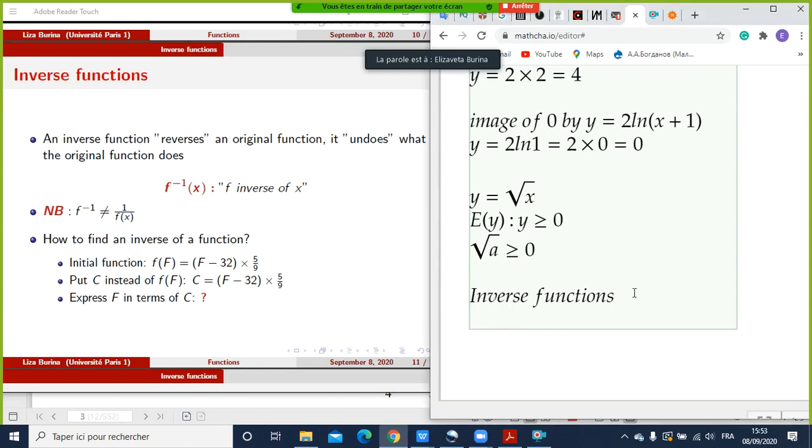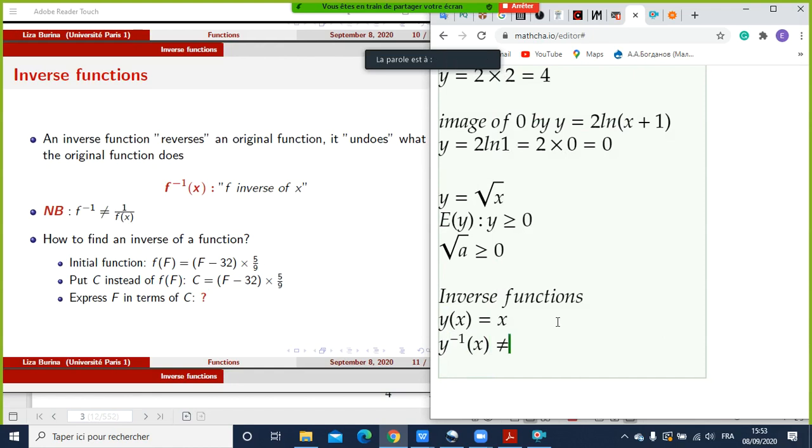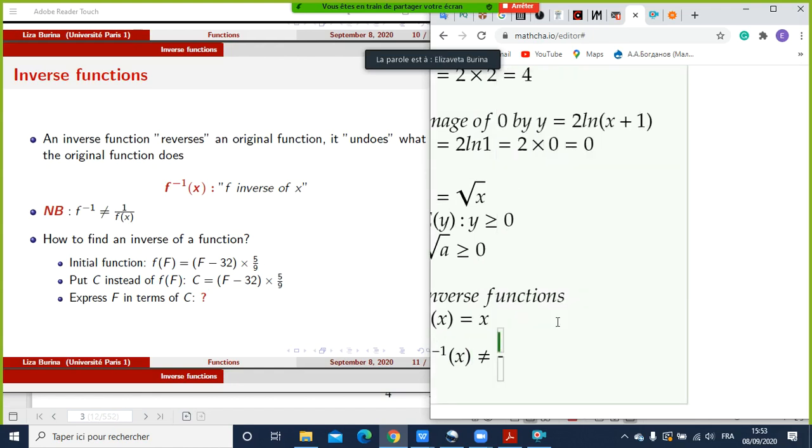In this case we should actually find an inverse of a function. You just have to remember that if initially you had this function y of x, see, now I'm using y instead of f, and I can use whichever letter, I prefer y, for example, right now. y to the power of minus 1 of x is not equal to 1 over x.